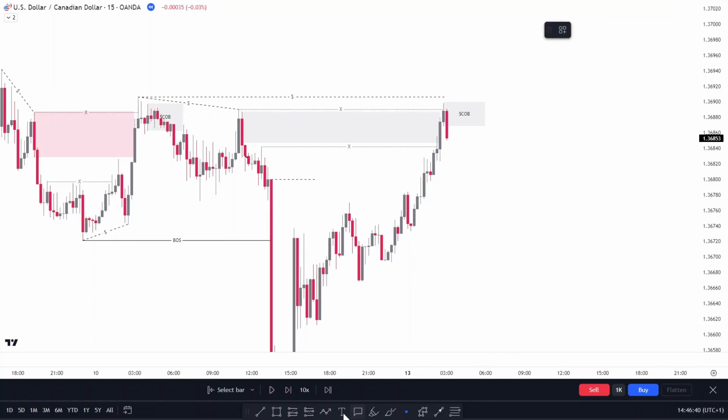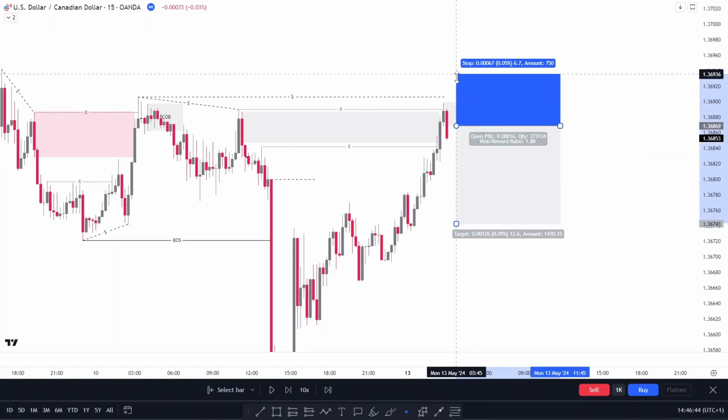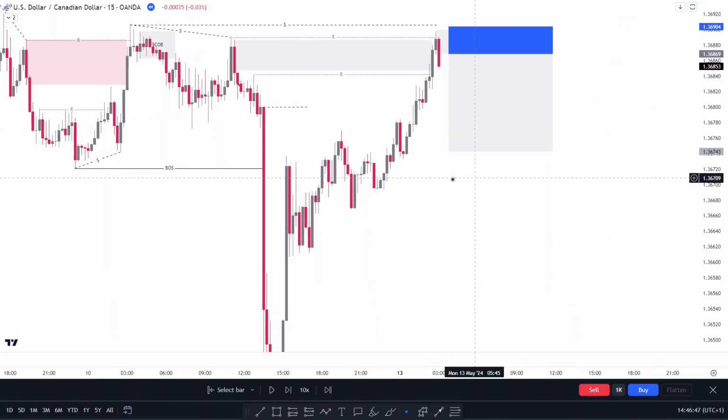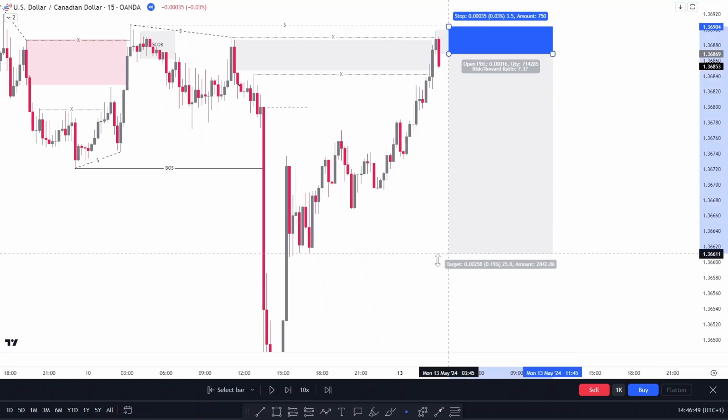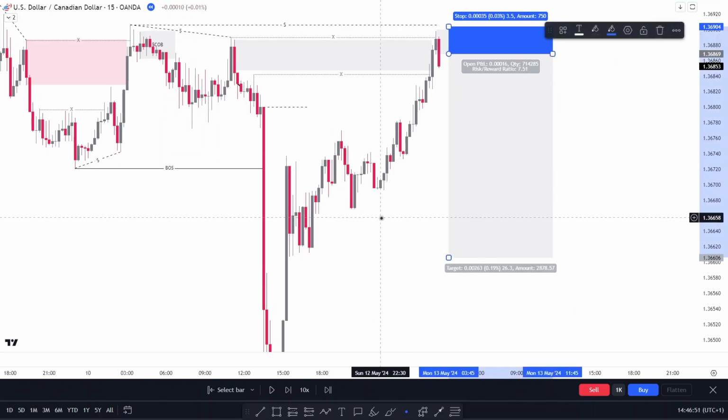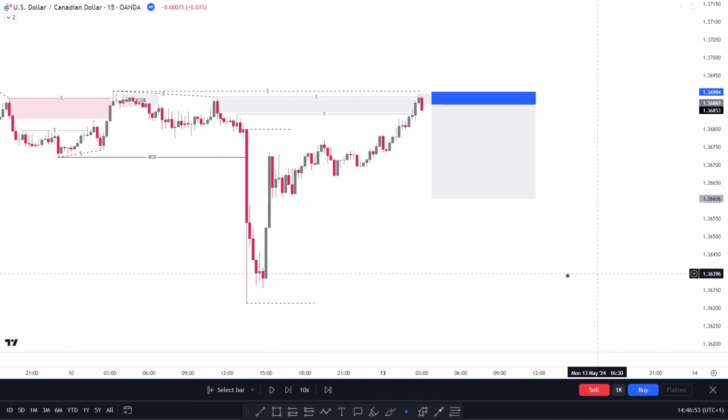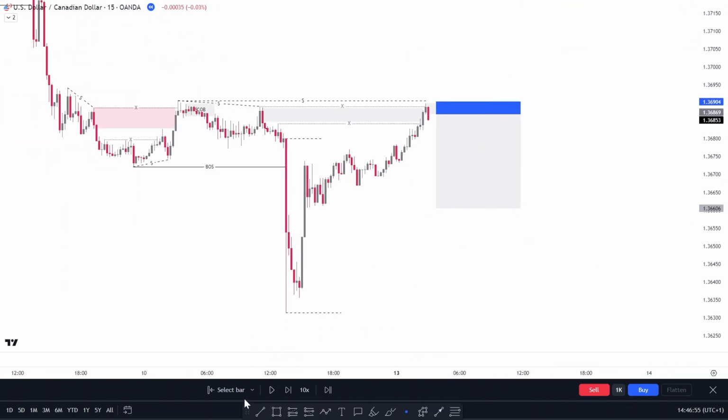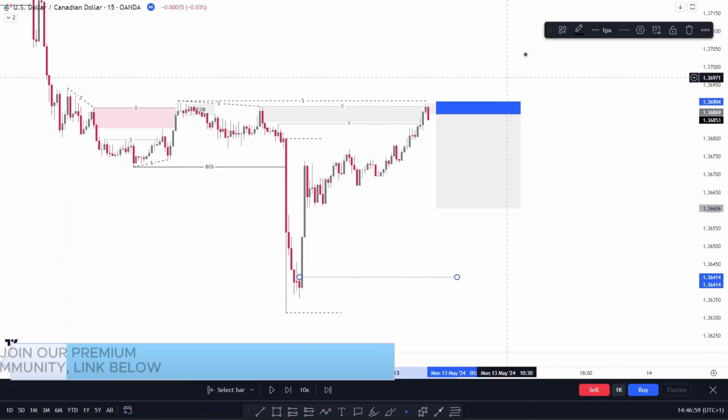Okay, and let's place our sell limit, which is here. This is our sell limit, and where will be your target? My target will be down here. This is my first take profit, and my second take profit will be here on this valid order block.